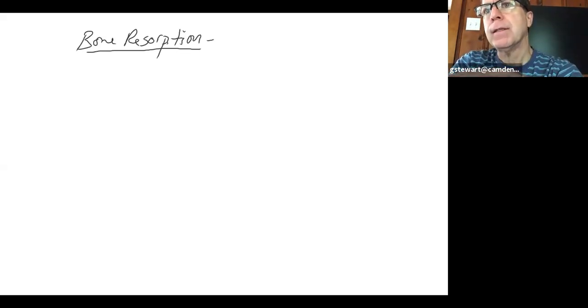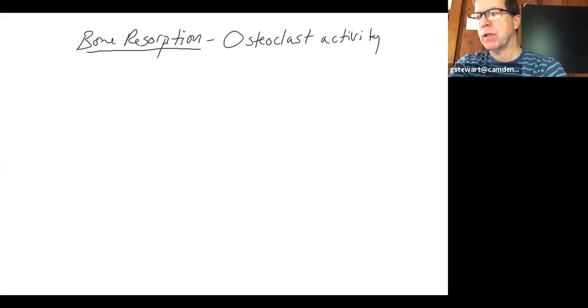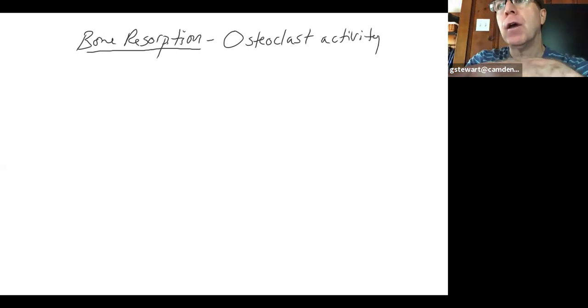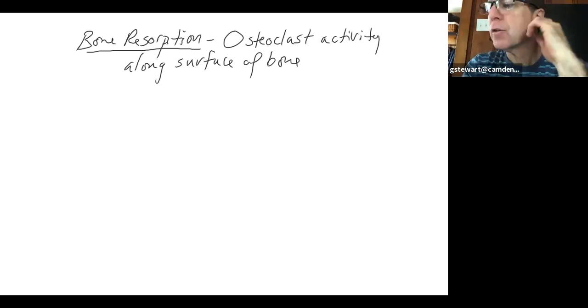So in this case, we have osteoclast activity. Those are the big cells that dissolve bone tissue. Occurs along the surface of bone.